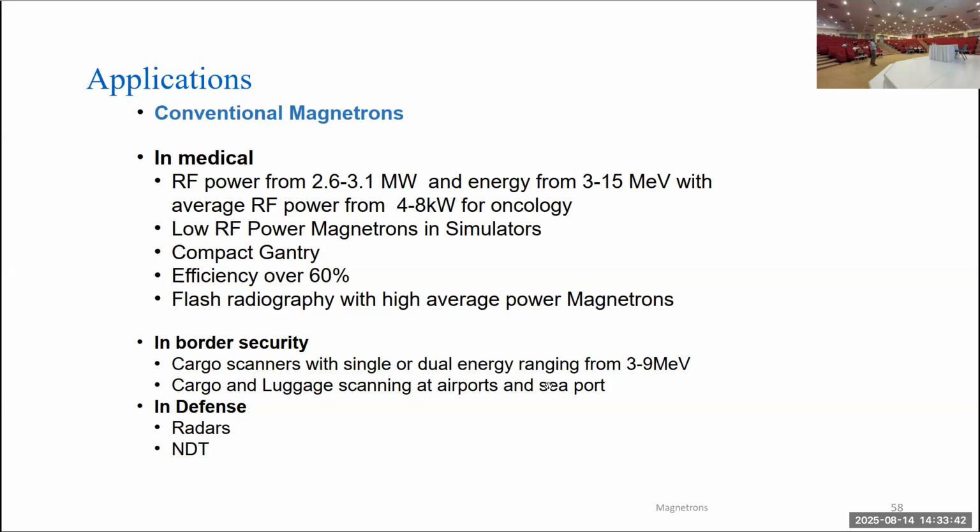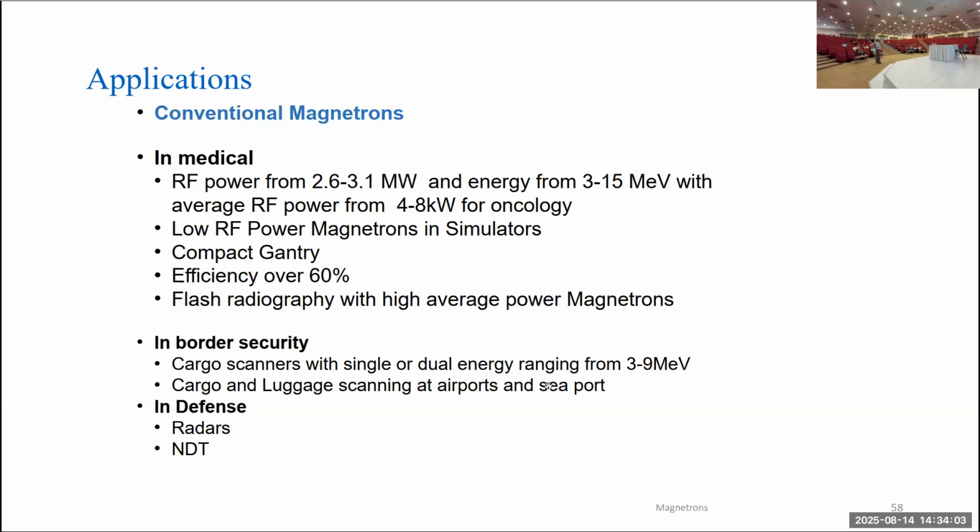The efficiency of these magnetrons is almost 60 or over 60. These can also be used for high average power Linacs, where flash radiography is used.